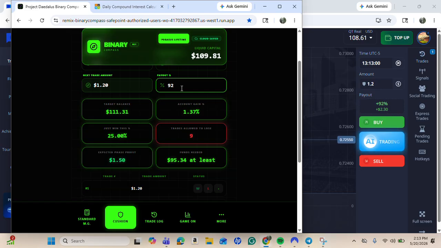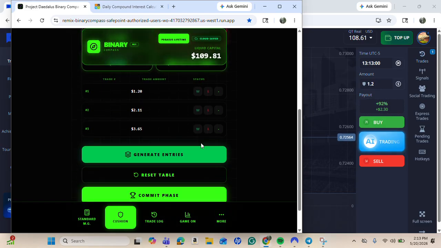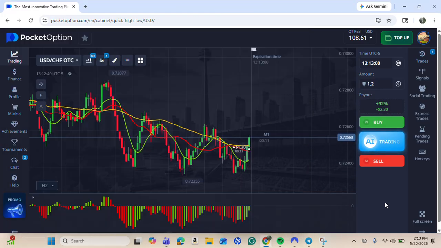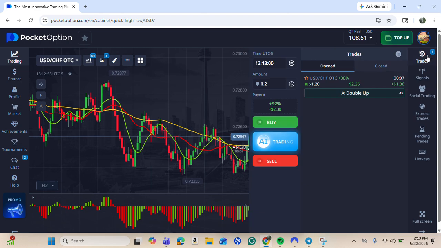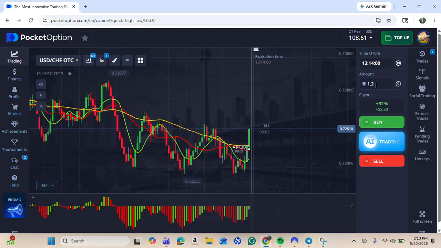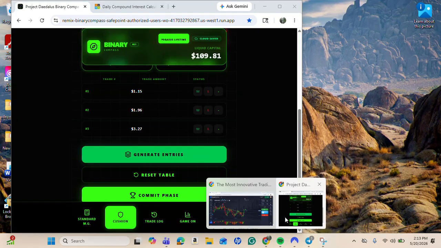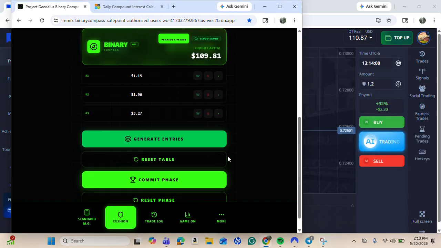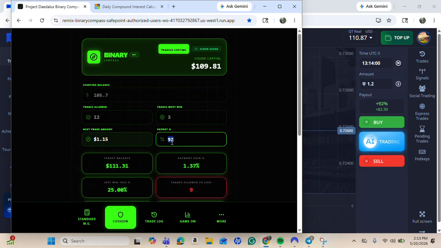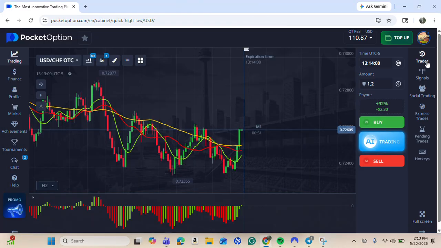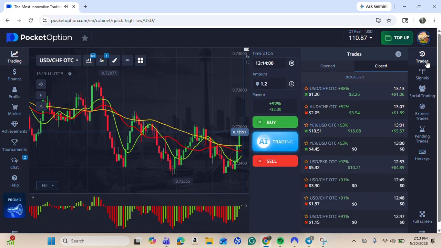shoot, it went up to 92%. By the way, generate 115. So this was 120, right? That's a win. But it changed. Oh, I'm going back to 88%. Whatever I get it at, 88%.